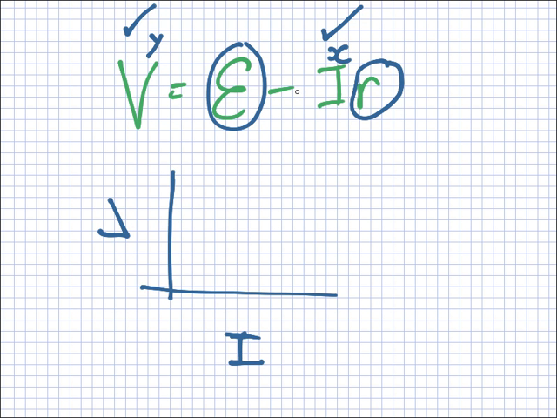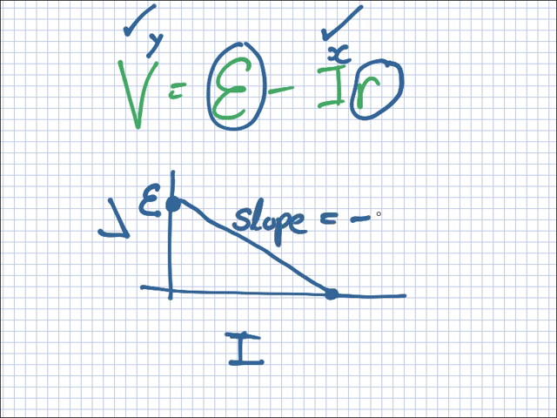Because of the minus here, the slope is minus R, so what shape is that? Going down. And where does it start? At E, good. At the top, and it goes down, like that. And what's the slope equal to? Minus R, because the I is the X and the R is like the M.